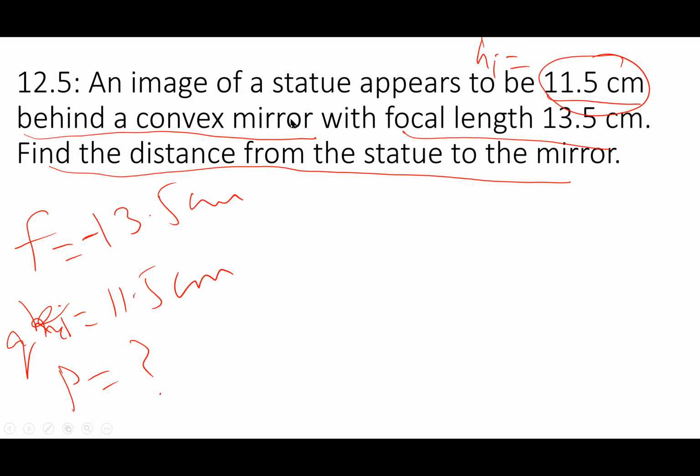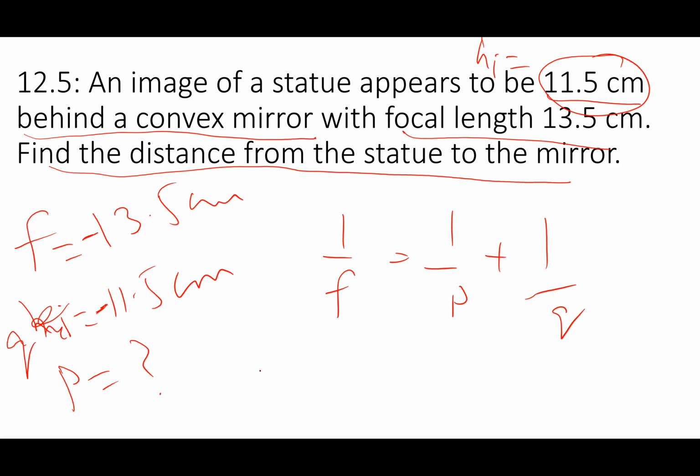11.5. As it is behind the mirror, take it negative. Focal length is negative. Now use the formula 1 by f is equal to 1 by p plus 1 by q.